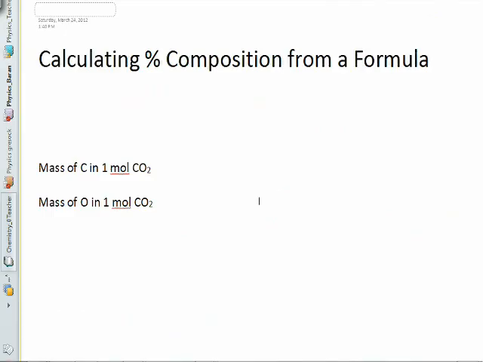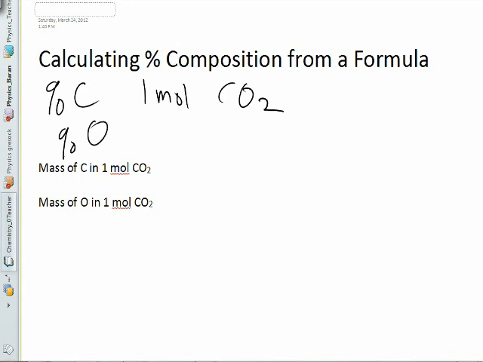So let's look at another one. What if we have a mole of CO2? We're going to look at what is the percentage composition of C and the percentage composition of oxygen.